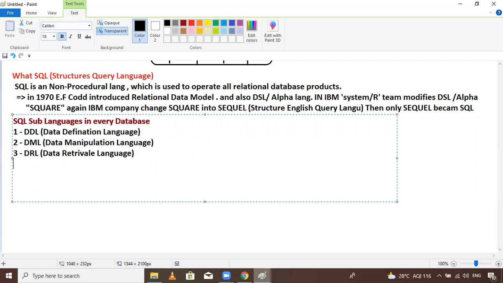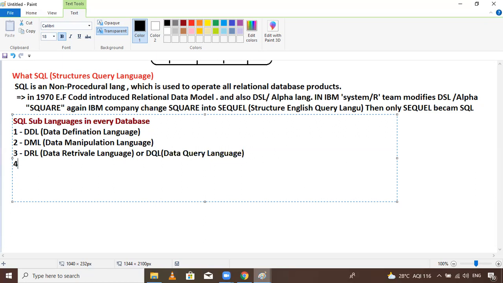DRL is also called DQL, data query language.